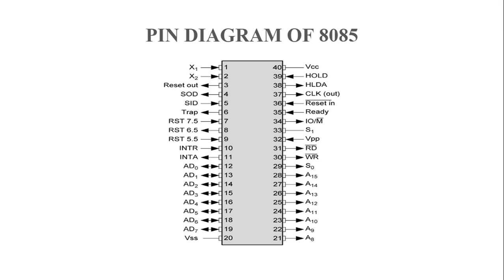Is that understood? Here, when reset in bar is equal to 0, the program counter is reset, then the interrupt pins are reset, then the HLDA flip-flop is reset, but it does not affect any other flags as well as any other register except the instruction register.